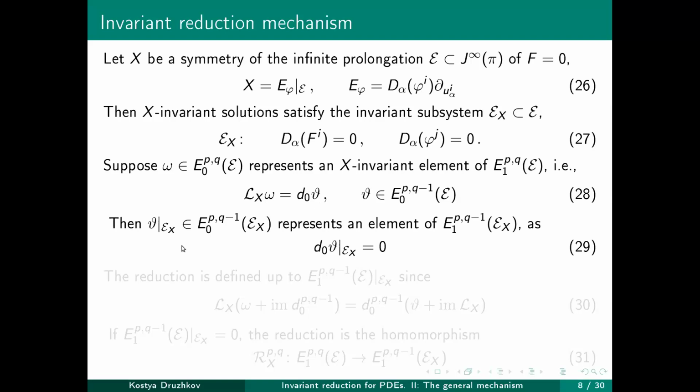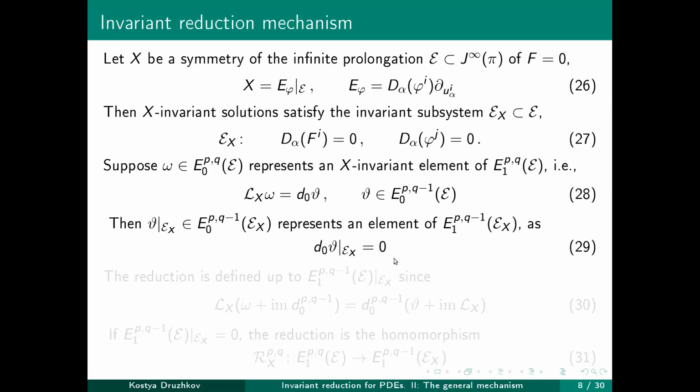Then the restriction of theta represents an element of a group on the first page of the Vinogradov spectral sequence for the invariant subsystem. Because if we restrict the left-hand side to the subsystem, we get 0. So restricting the right-hand side, we get formula 29. And this formula is the reduction mechanism itself.